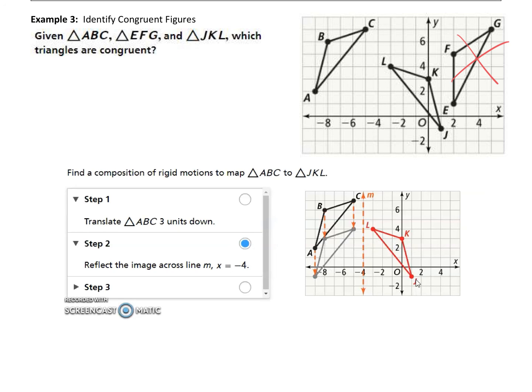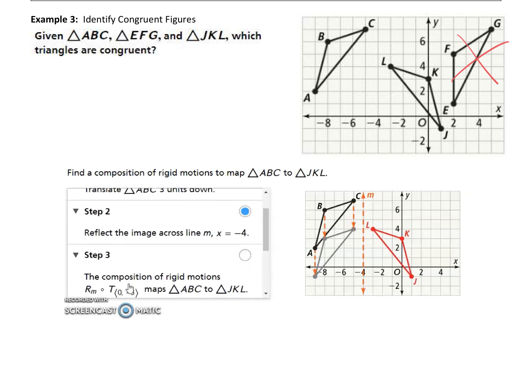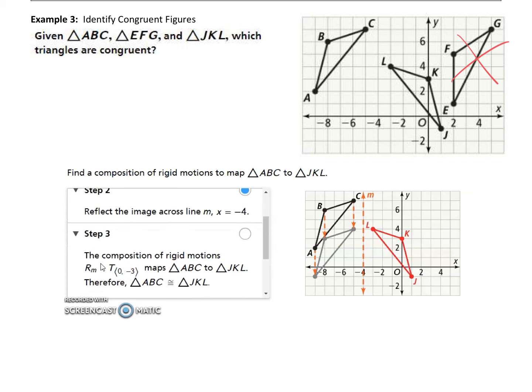And if we compare this to the figure above, these are the vertices of JKL. So then last, we're showing that the composition of rigid motions, first the translation, we went 3 units down, followed by a reflection across line M, which is the line x equals -4, maps triangle ABC to triangle JKL.